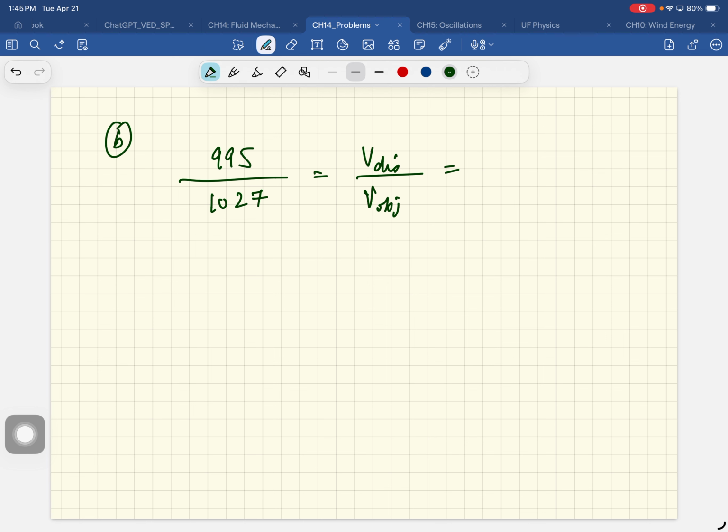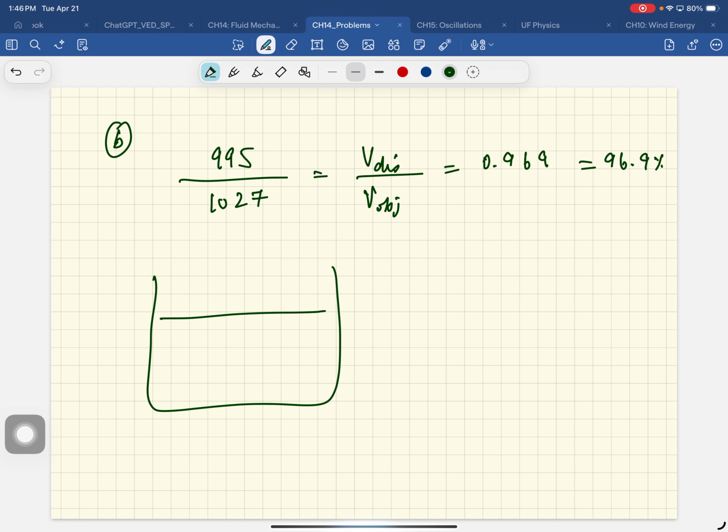What is the total mass being supported? Mg, where the density is that of helium. This much helium is being supported. So density of helium times volume times gravity plus the mass of the rubber balloon itself. So that's the weight being supported.